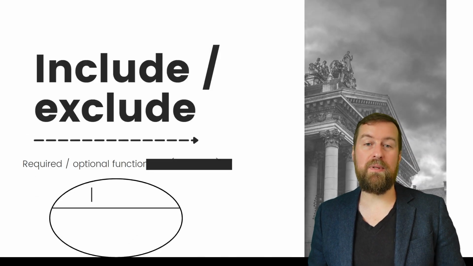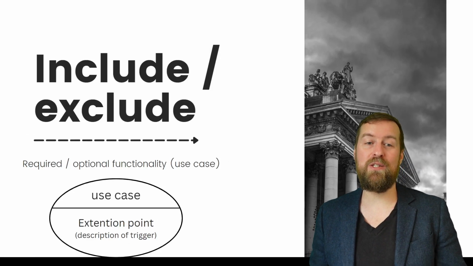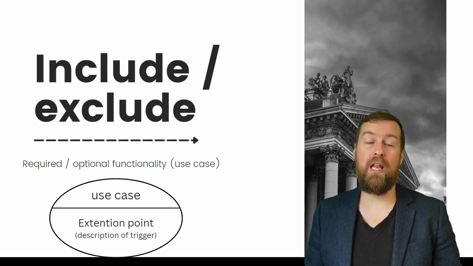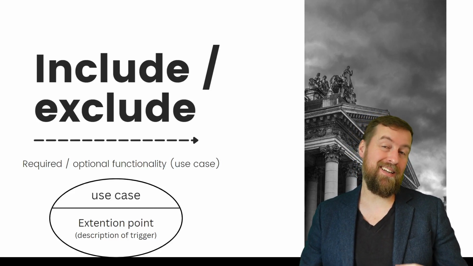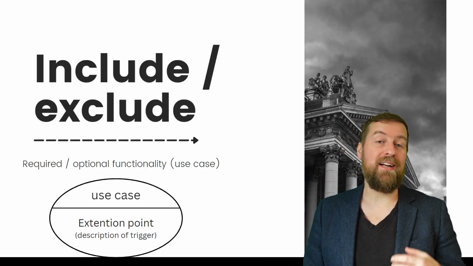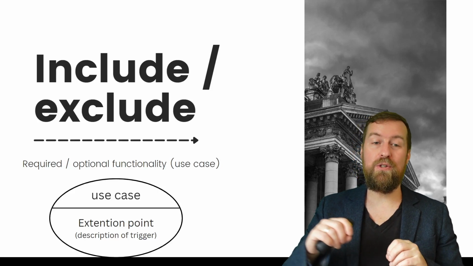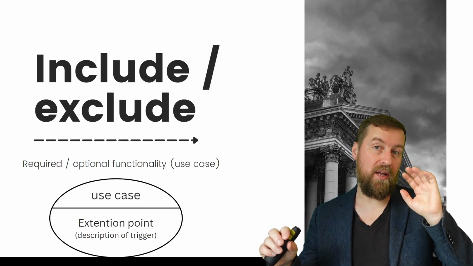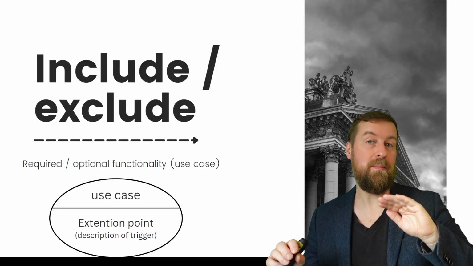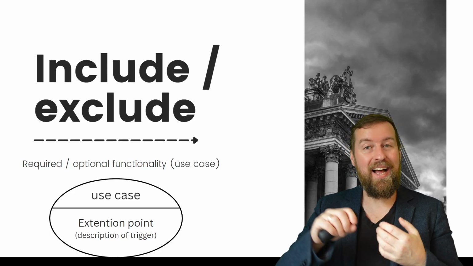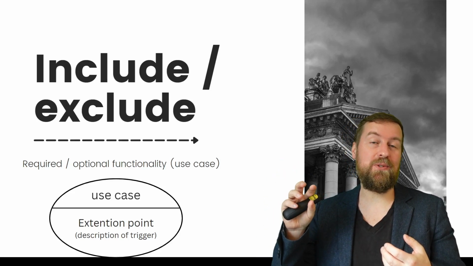The last one I'll be looking into is the include-exclude relationships. It's these required or optional elements. So again, you see there is an arrow at the end. There is a linkage from one to another. We want to have something happening if this use case is being done, and then we have another use case which is coming up.